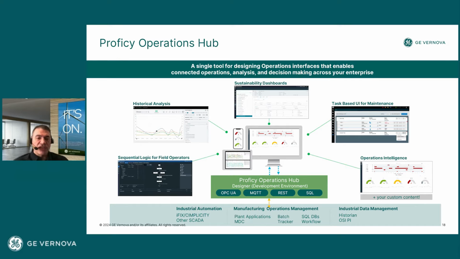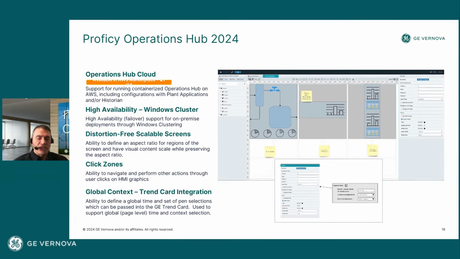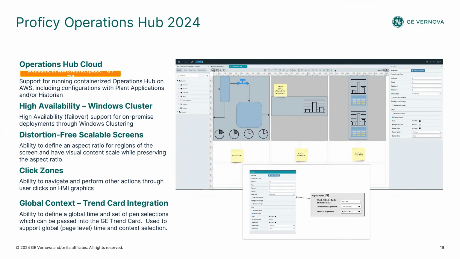So Operations Hub is really our visualization platform across our portfolio. And specific to the Simplicity solution, there are also some capabilities around HMI development. We introduced the ability to create HTML5 based HMI screens last release, and we've continued to enhance these.